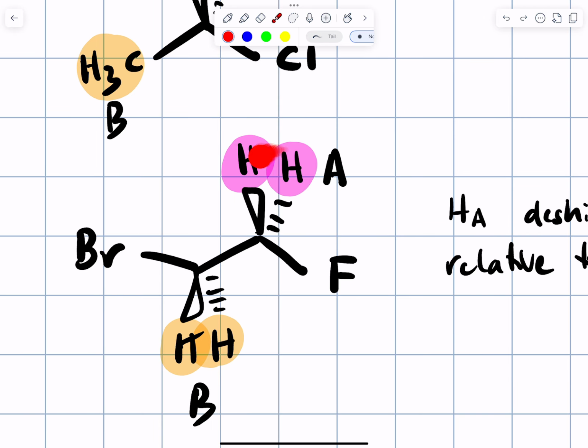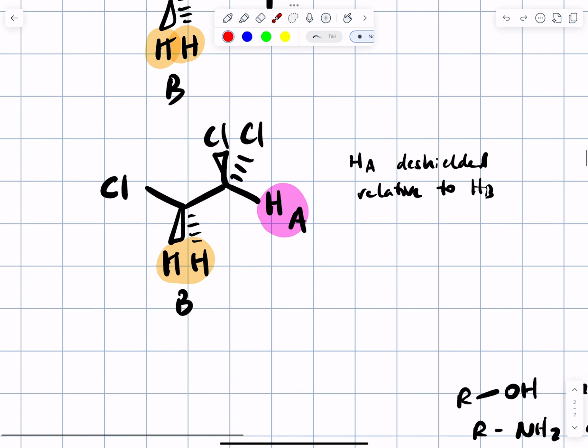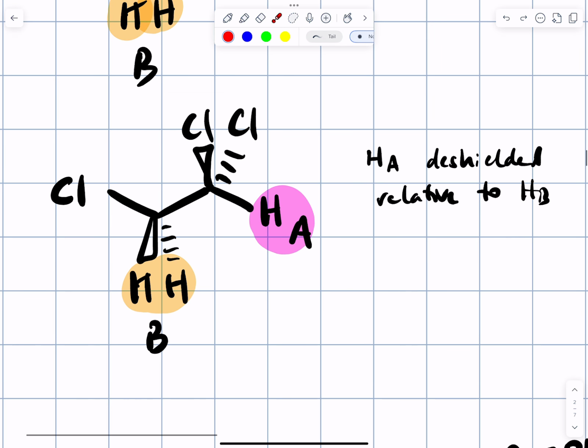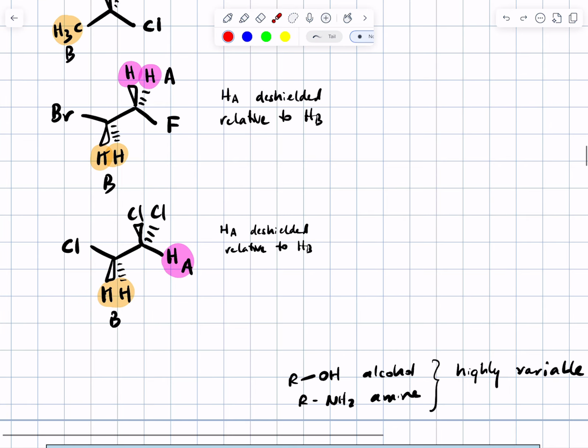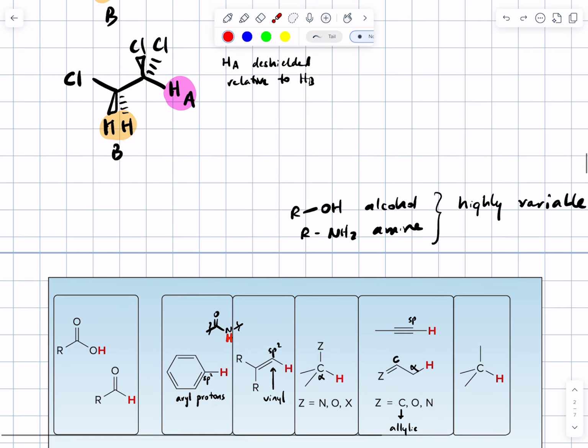So HA is more de-shielded than HB because HA is closer to fluorine, which is more electronegative than bromine. You follow? Okay. Similarly, it's somewhat additive. So if you're adjacent to 2 chlorines, that's more de-shielded than being adjacent to only 1 chlorine. So you can follow these expectations for shielding and de-shielding.